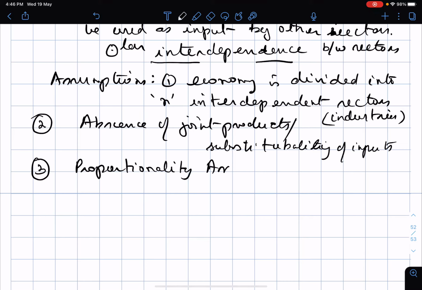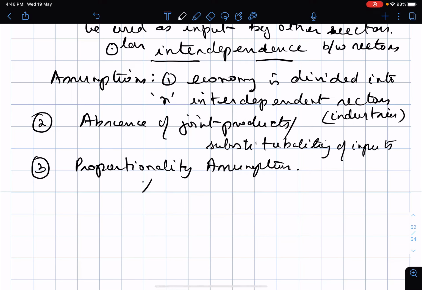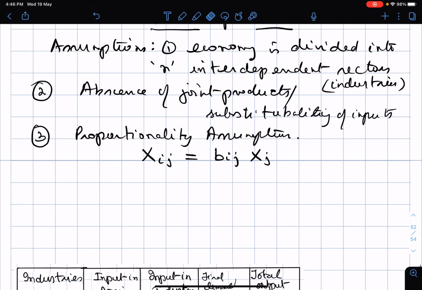What is that proportionality assumption? It goes like this: Xij equal to Bij into Xj. What is the meaning of this?